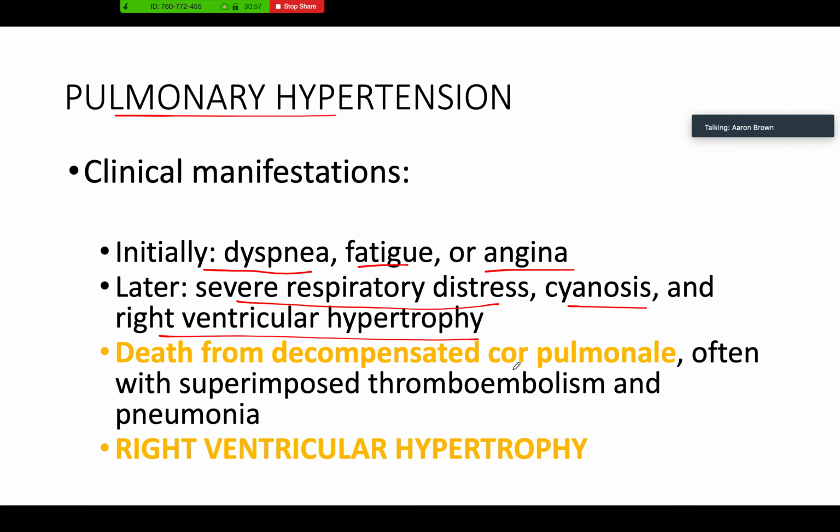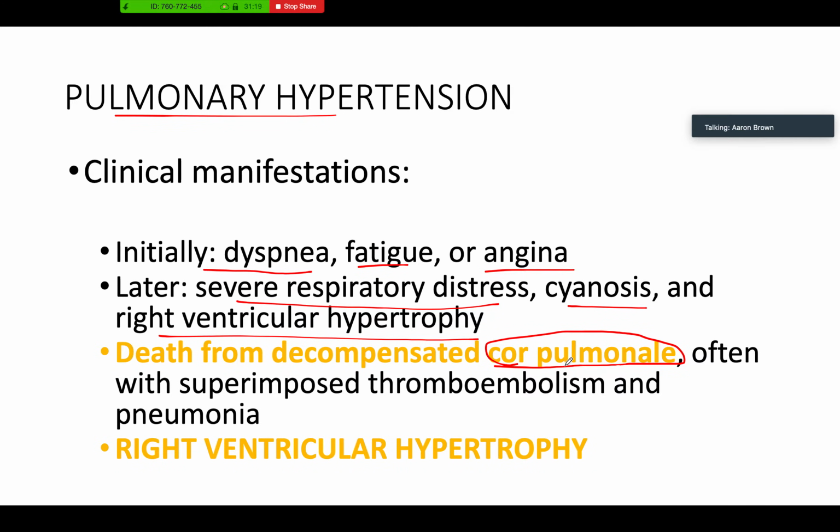Death in these patients is going to be from cor pulmonale. Okay, you asked me about cor pulmonale, I think during our first lecture, I'll never forget it, and so I like to point it out. Our cor pulmonale is right heart failure due to pulmonary hypertension. The left side of the heart is completely fine in this case, just pumping along.